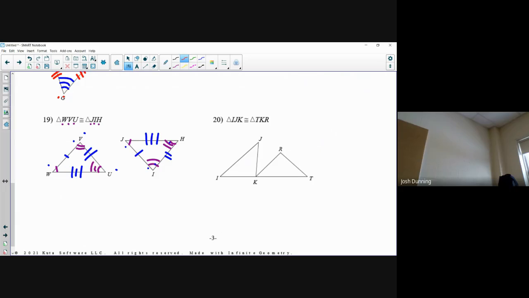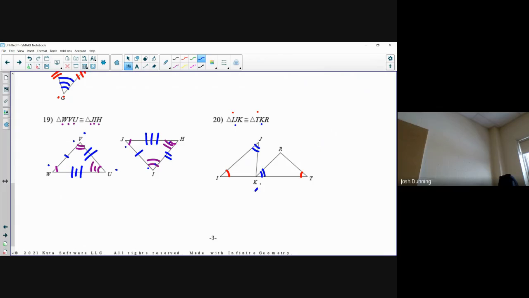Ooh, this one looks weird. They're joined together at K, so let's see here. I in the first triangle matches T in the second. J in the first matches K in the second.